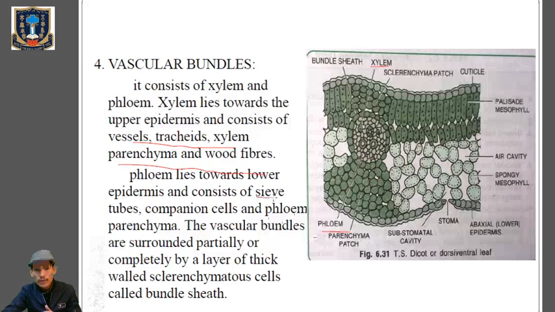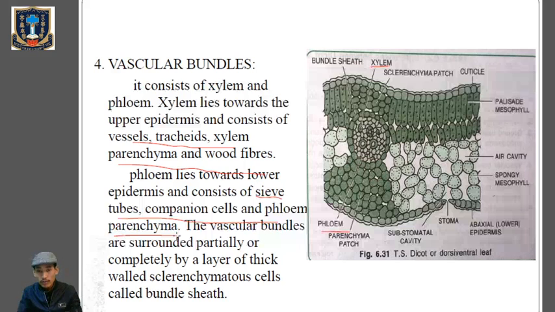It is composed of sieve tubes, companion cells and phloem parenchyma. Okay, so xylem lies toward the upper epidermis and the phloem lies toward the lower epidermis.